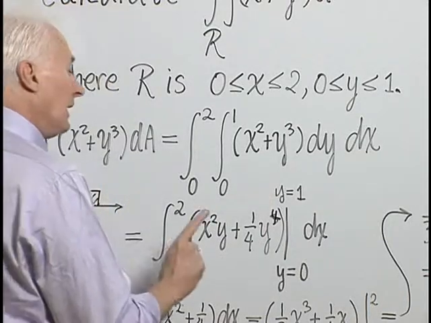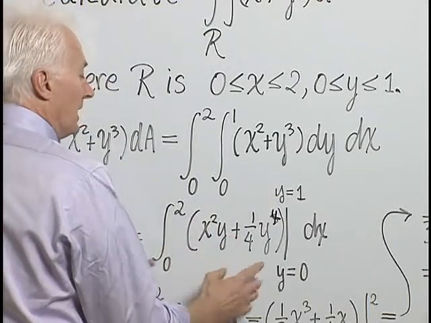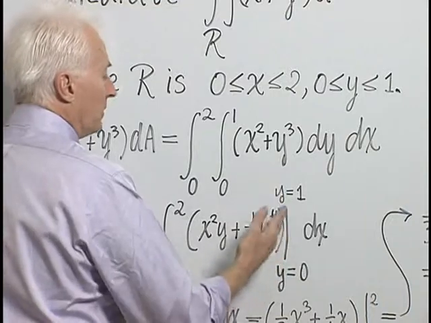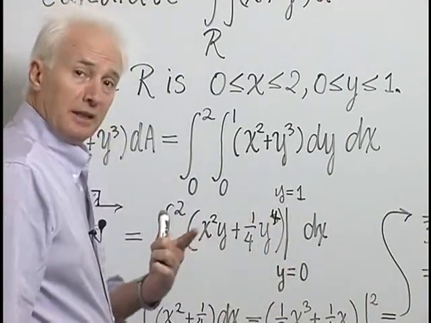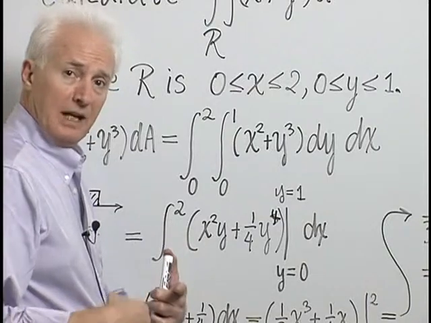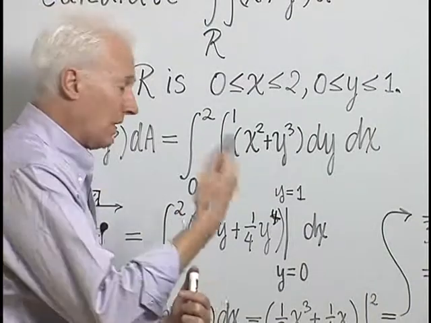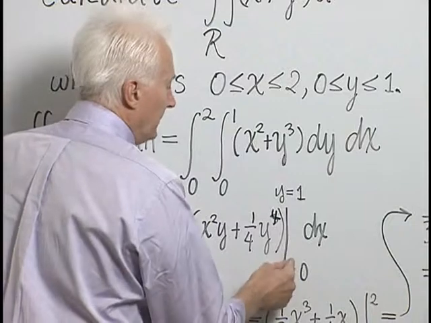Now, notice when we ordinarily put our limits of integration on the antiderivative after evaluating an integral, after we anti-differentiate and we put our limits on, we'll just put the numbers there.